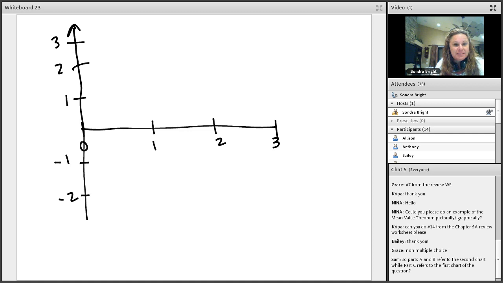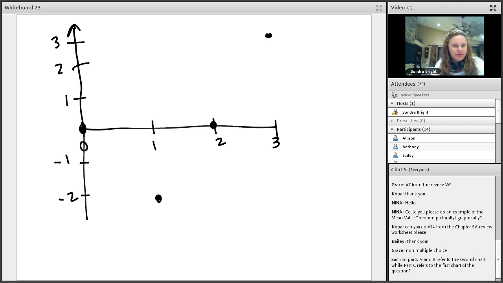They gave me that when x is 0, y is 0. When x is 1, y is -2. When x is 2, y is 0, and when x is 3, y is 3. So those are for sure points.